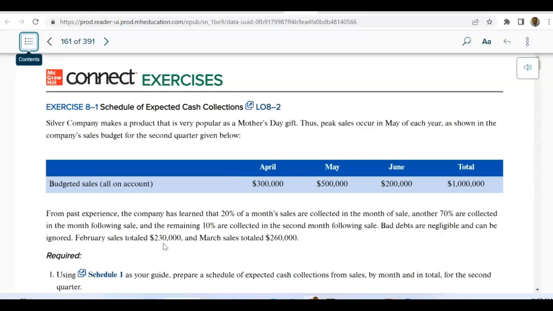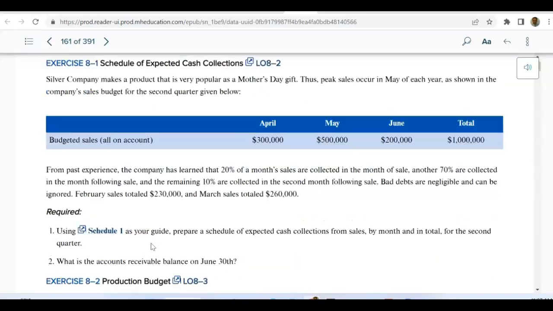February sales totaled $230,000, and March sales totaled $260,000. Required: using Schedule 1 as your guide, prepare a schedule of expected cash collections from sales by month and in total for the second quarter. What is the accounts receivable balance on June 30th at the end of the quarter?